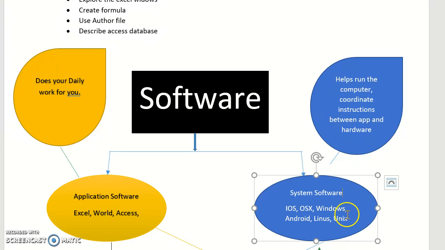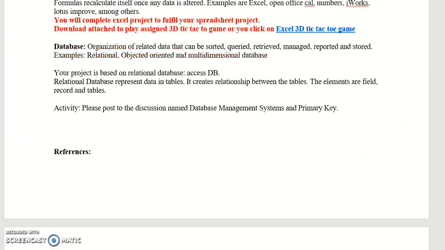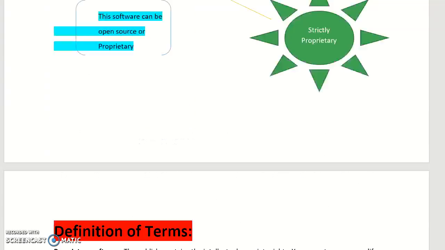And then Linux and Unix, which are mostly network operating systems. That's another topic on its own. For application software, there are so many out there that do your work for you, like your web browser, WhatsApp, Snapchat, Facebook. But here we're going to limit to Excel, Word, and Access, since that's what covers your project.